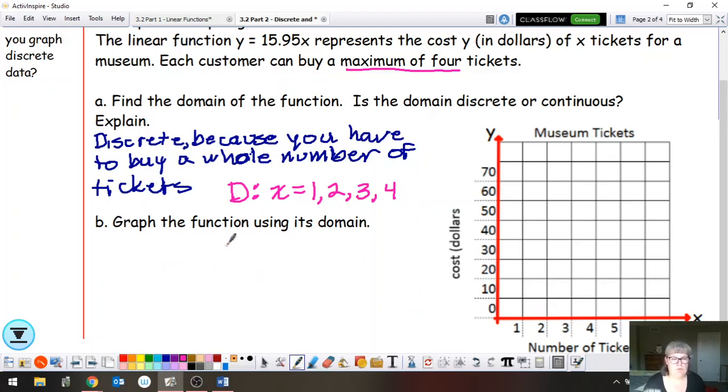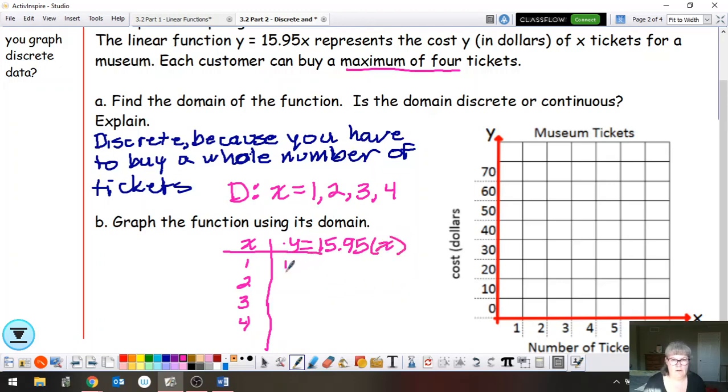So let's use an input-output table. Let's use an XY table. So my inputs are 1, 2, 3, 4. And then to find my output, I'm going to have to use that it's 15.95 times x.